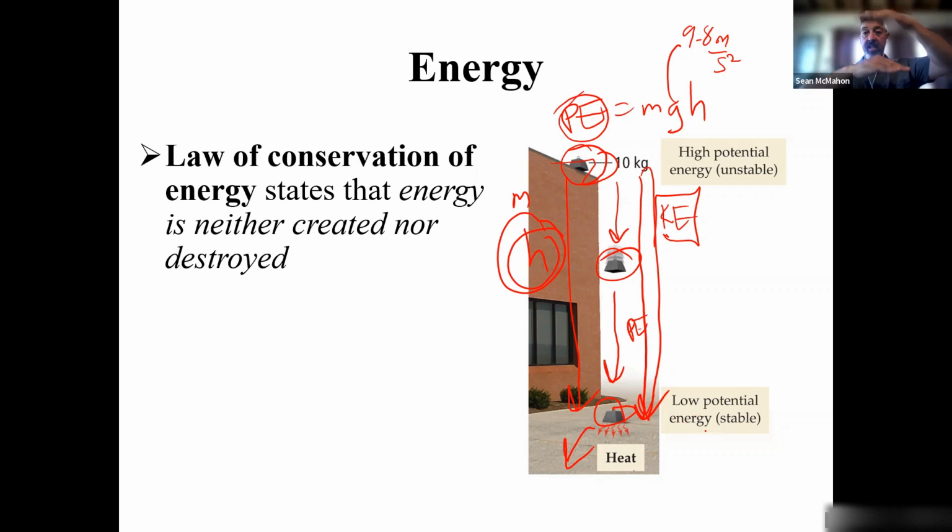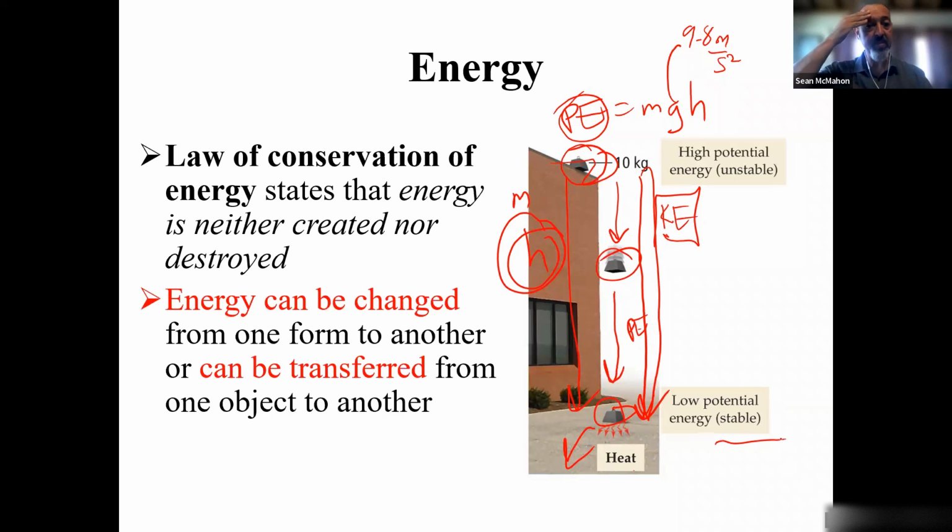Well, if distance and position determine how much I have, the lowest potential energy would be all the way to the ground, which is referred to as the ground state. When we talk about electrons, electrons get excited to higher levels of energy, and then they fall back down to the ground state to become more stable, okay? I'm moving into the future, but yeah.